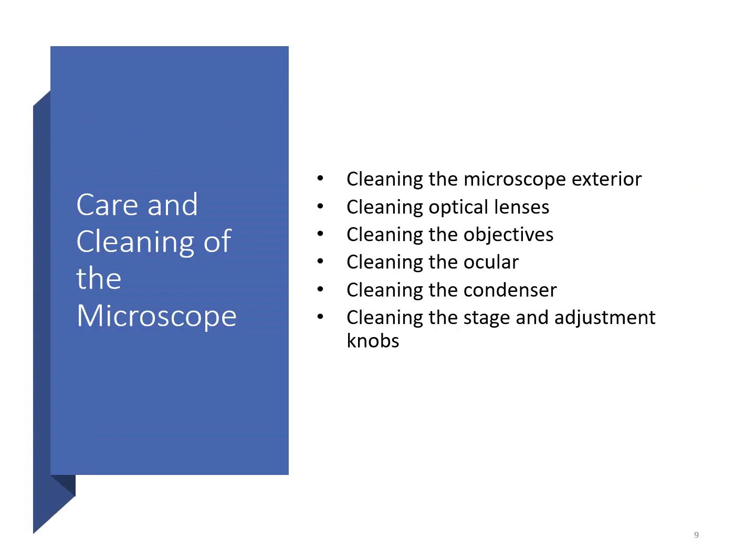So these are all things that we're going to learn throughout this particular module. So caring for the microscope includes understanding how to properly clean the microscope. So you want to make sure that at the end of the day, when you put your microscope up, that you have made sure that you've cleaned up any oil residual or anything that may be on it. If you're getting the microscope out for the first time, we're going to learn how to clean them off, because sometimes when they've sat for a little bit, even though we have covers and things to go over them, they do get a little dust on them.